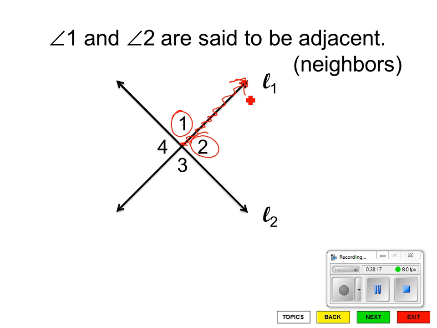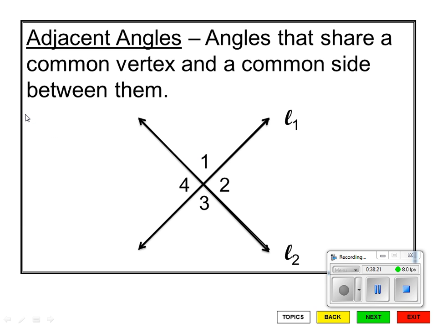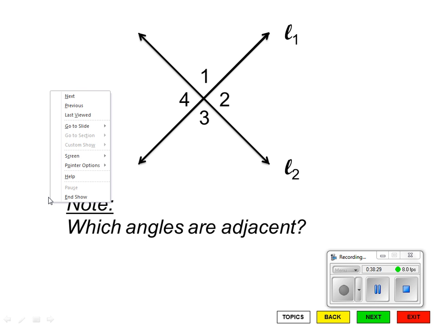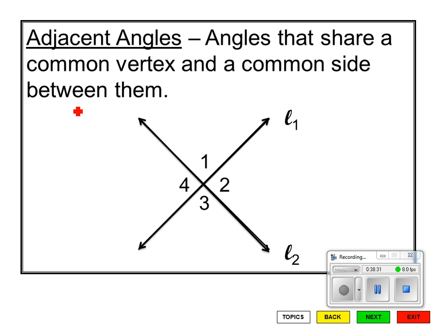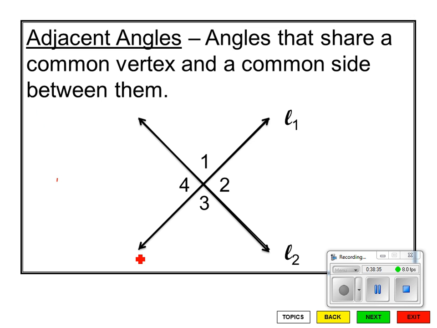Now, the bad thing with adjacent angles, let me switch to the next slide so you can start writing it down. This is the definition of adjacent angles. Along with this, I am going to write something else down with it so that you can have it. I always call adjacent angles neighbors.